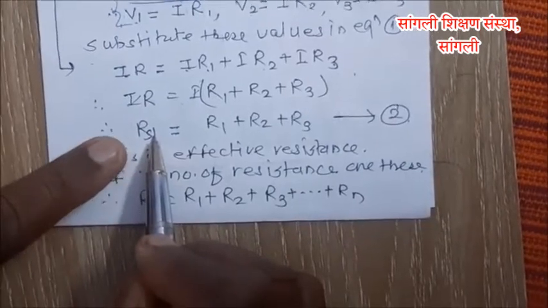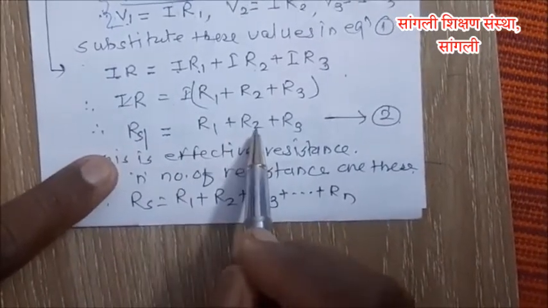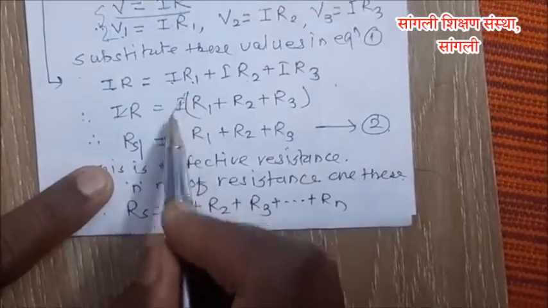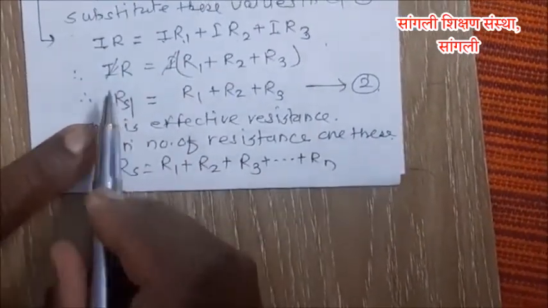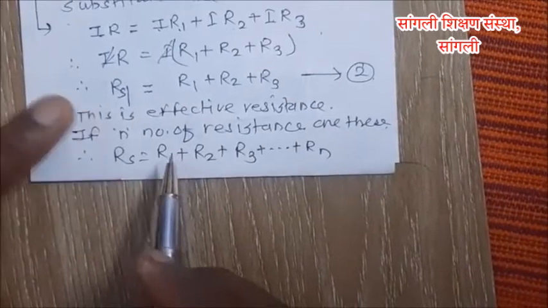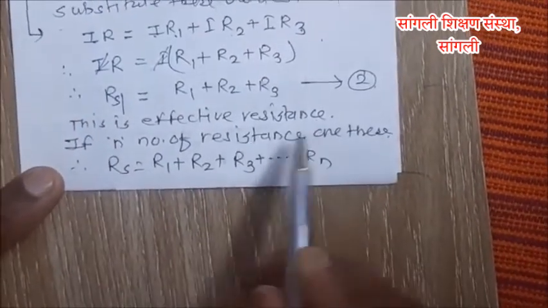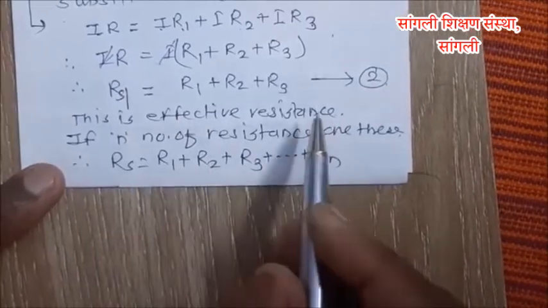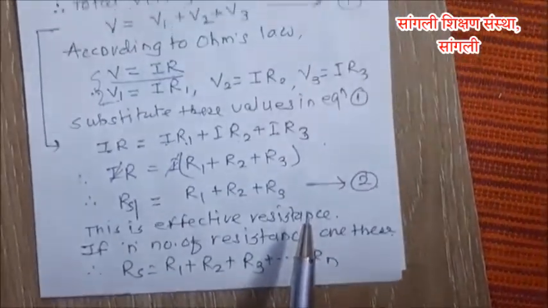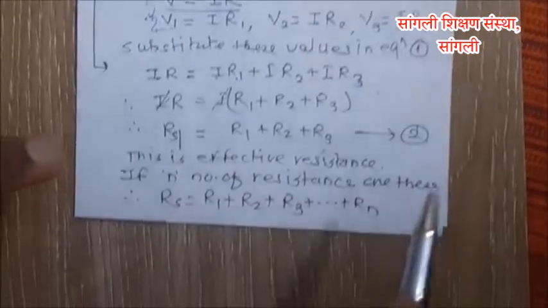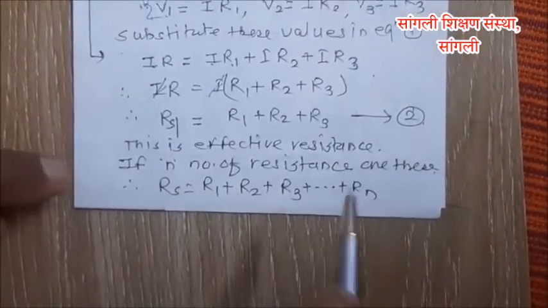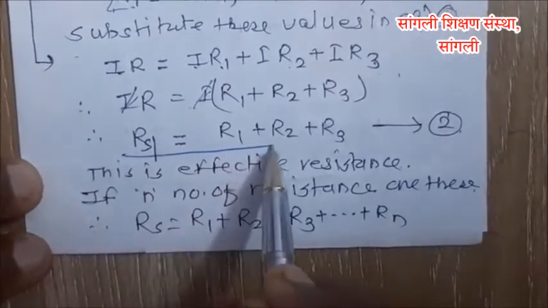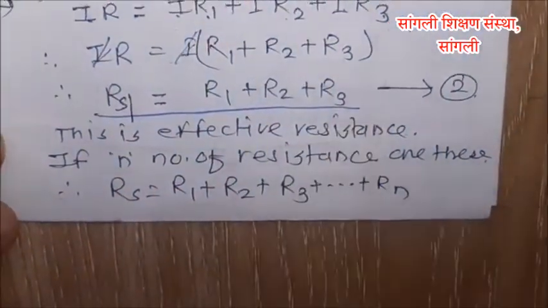So RS equal to R1 plus R2 plus R3. This is equation number 2, because here I gets cancelled from LHS and RHS. Now this is the effective resistance when these three resistances are connected one after another, that is in series. So the equation is RS equal to R1 plus R2 plus R3.